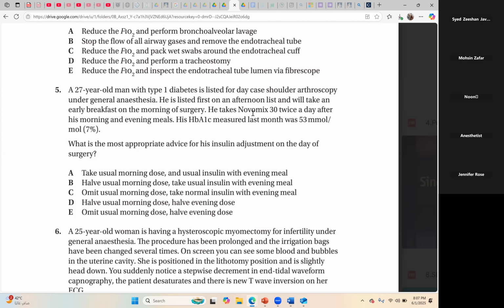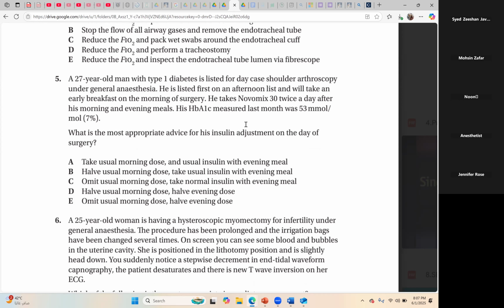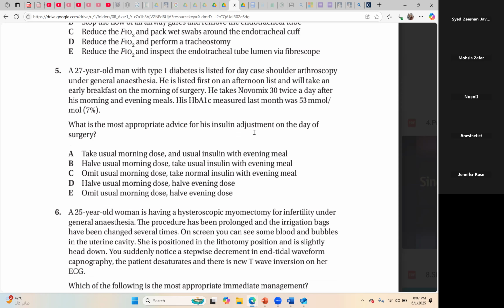I think it is 70-30 mixed insulin, Novomix, twice a day after his morning and evening meals. His HbA1c is 7. What is the most appropriate advice for his insulin adjustment on the day of surgery?